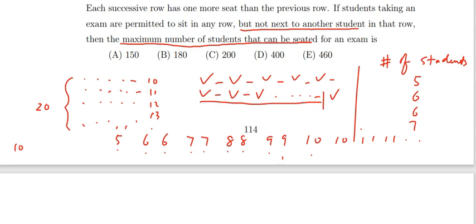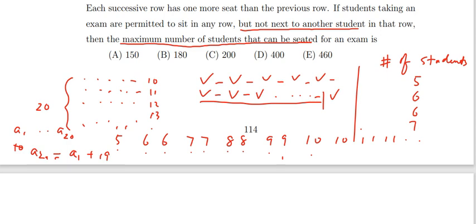Let's see. So here's A1, and we want to find A20, right? So A20 equals A1 plus 19 times D. D is 1.